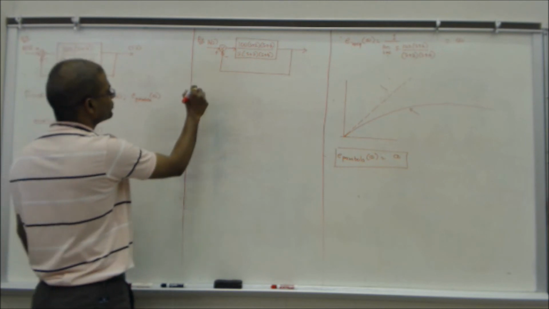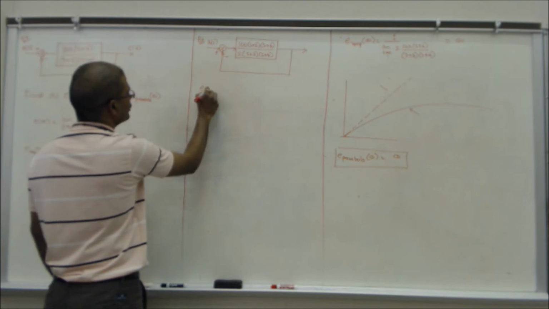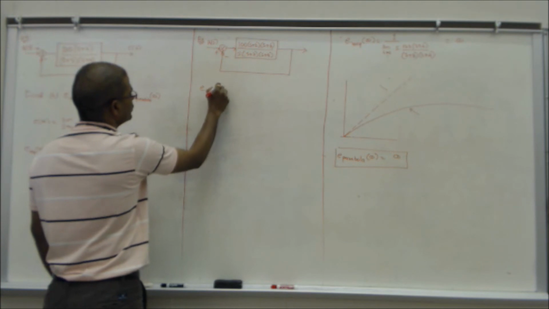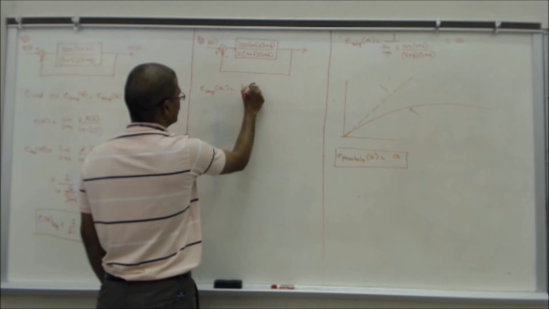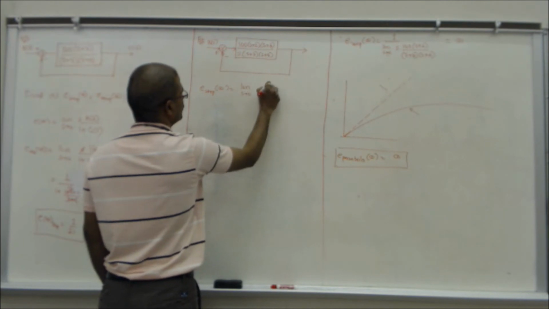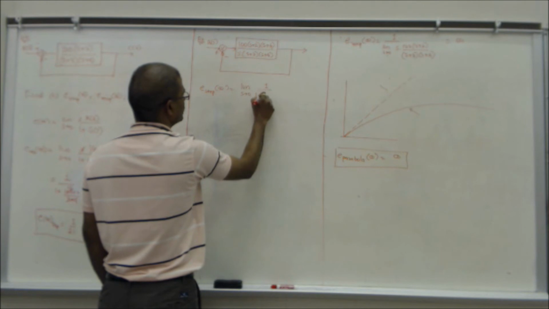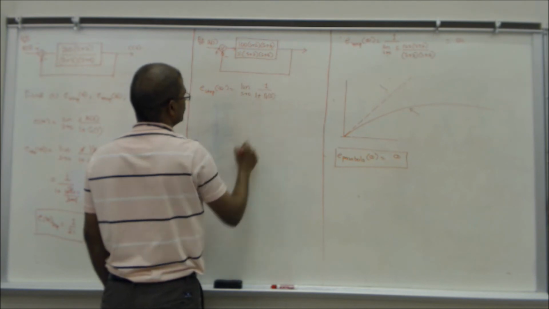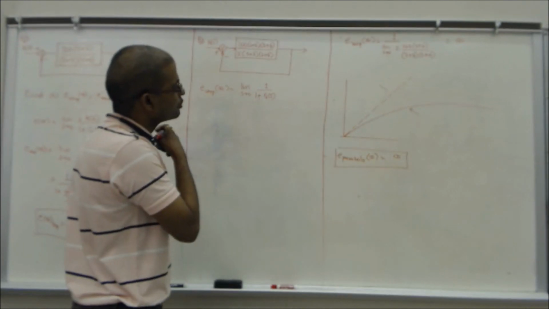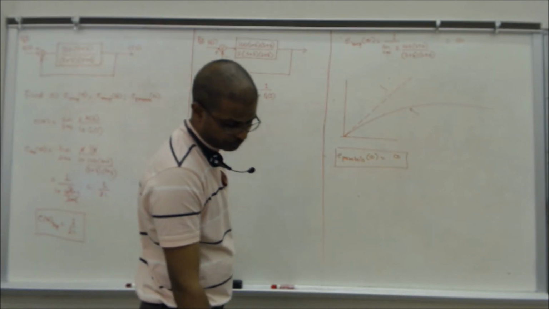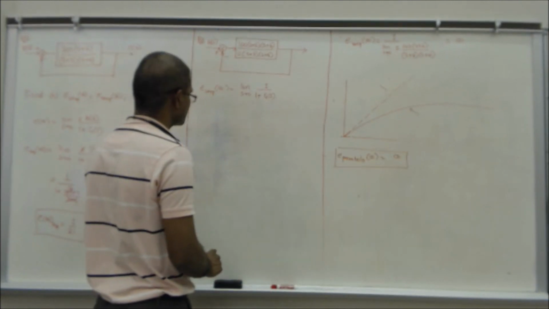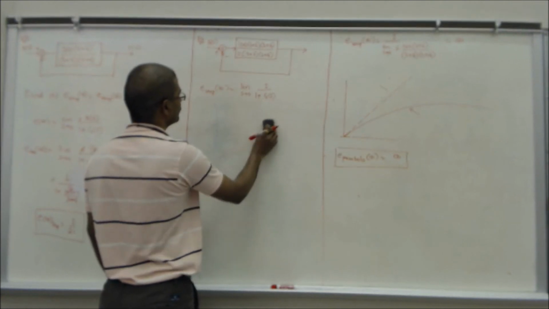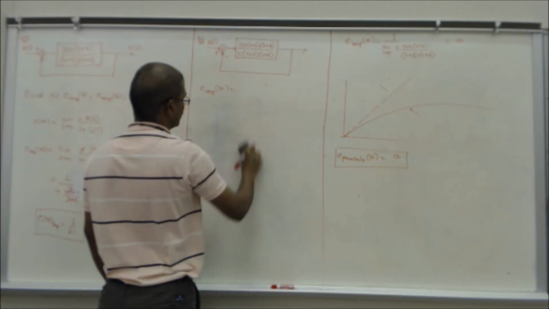E step at infinity will be what? Limit of s to 0, 1 over 1 plus G. Or you can take it like this.